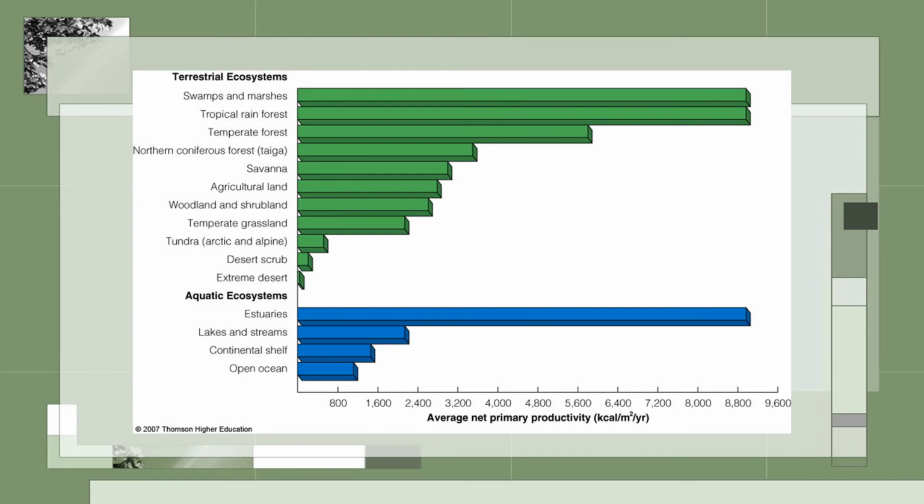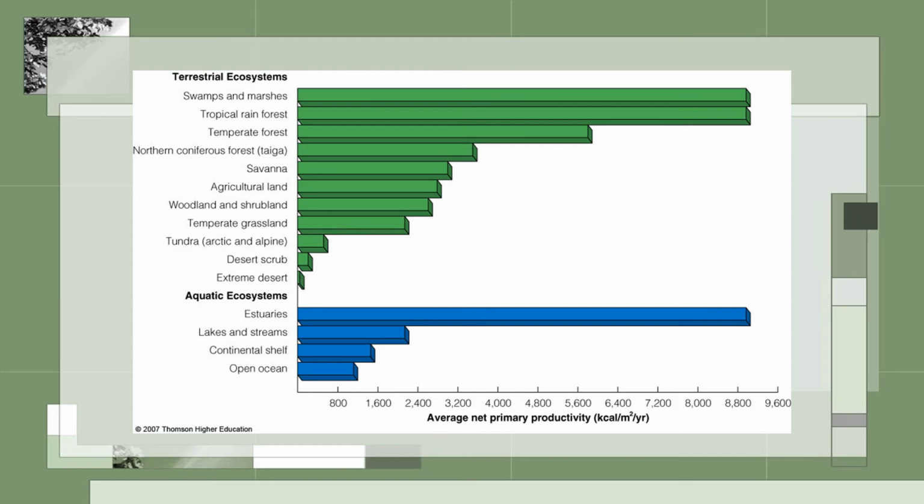But then we have net primary productivity, or NPP, which is the rate at which producers use photosynthesis to store energy minus the rate at which they use some of that energy for respiration. So again, your net pay on your paycheck is minus all of the stuff that they take out for taxes and all of that fun stuff. Net primary productivity is gross primary productivity minus respiration.